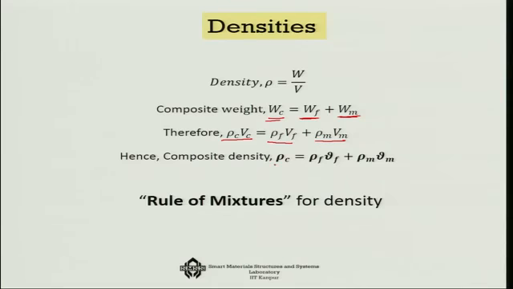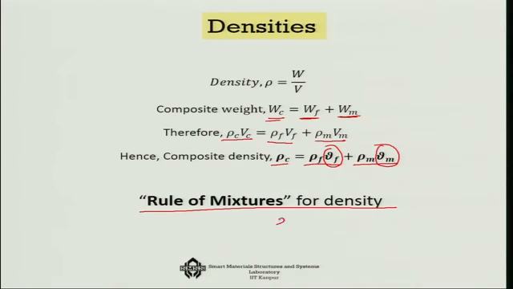So the composite density rho c is actually rho f Vf over Vc plus rho m Vm over Vc. We can write it shortly as rho f Vf plus rho m Vm, where Vf and Vm are the volume fractions. This basic rule is also known as the rule of mixtures.